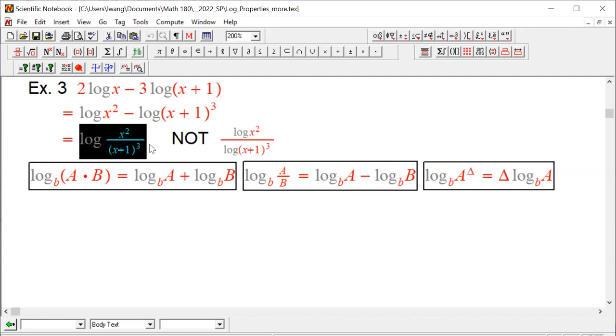The order of operations tells us they're not the same. Here you have to do the quotient and then take the log. And in this case, you take the logarithms first and then you do the quotient. So it's very, very different. That's where we have lots of mistakes and confusions.